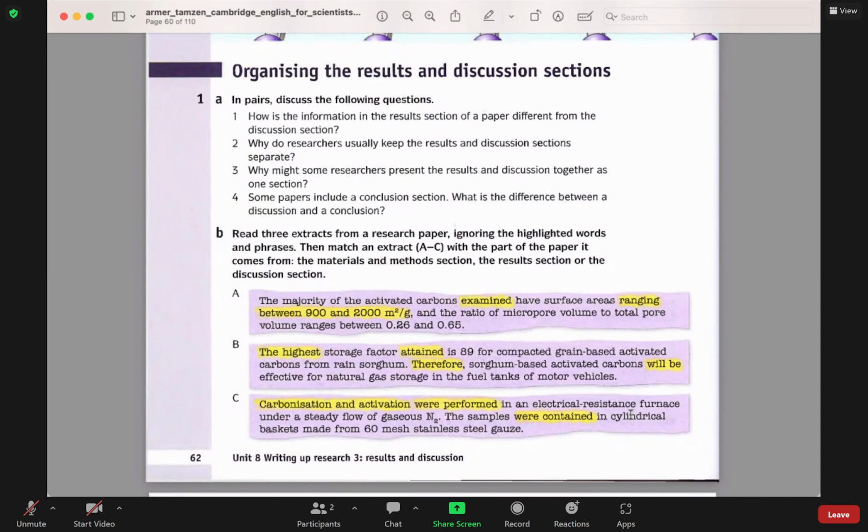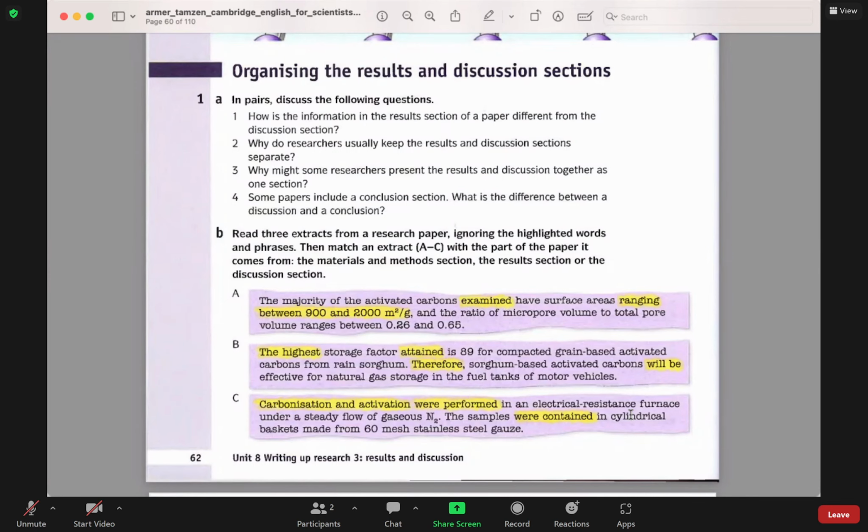Okay, so the results part is what you get after your research. And the discussion part is where you explain how you interpret these results. So it's your personal opinion about the interpretation of these results.